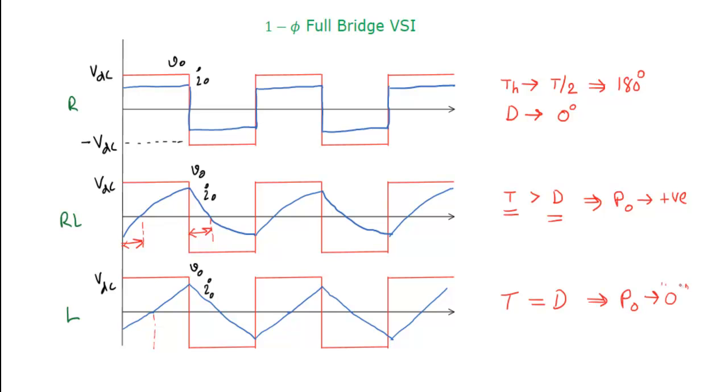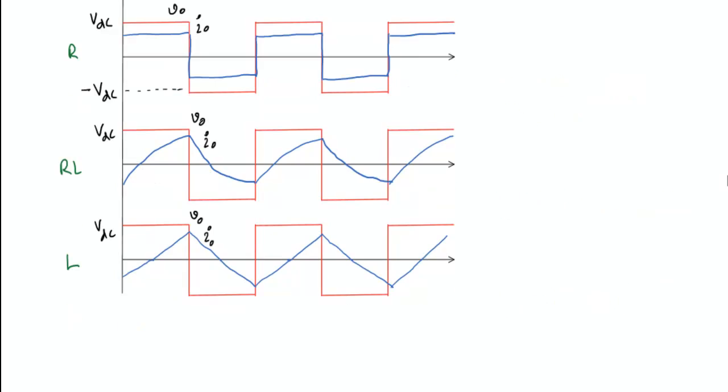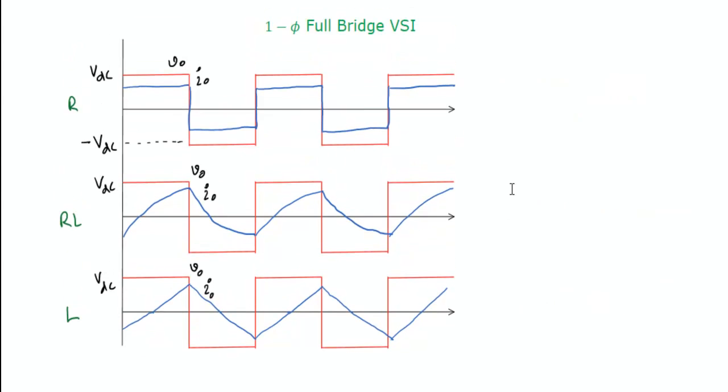So these are related to the diode and thyristor conduction. Remember that. Now we will discuss voltage and current equations. Same loads and same waveforms we are discussing. Here you can see that in all the loads, the output voltage waveform is like a square wave.